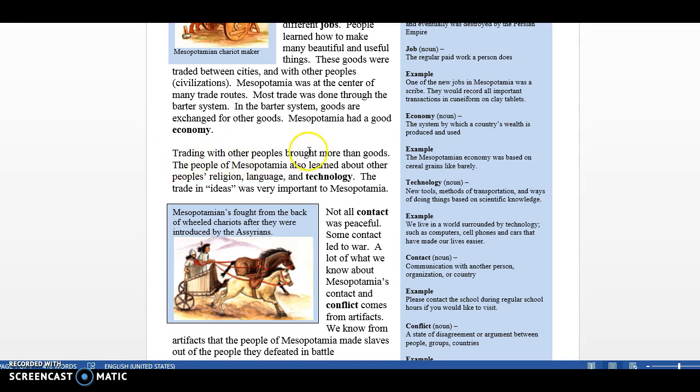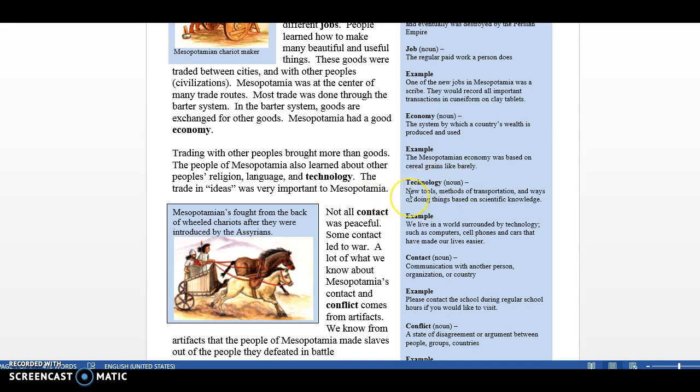Trading with other peoples brought more than goods. The people of Mesopotamia also learned about other people's religion, language, and technology. The trade in ideas was very important to Mesopotamia. So it wasn't just trading goods, they also traded ideas.